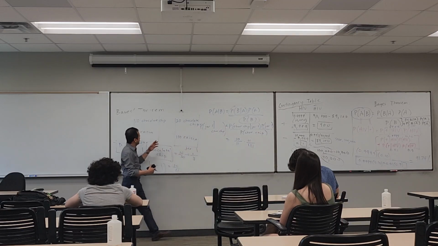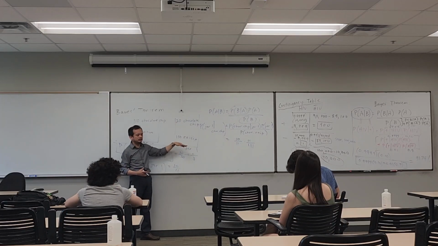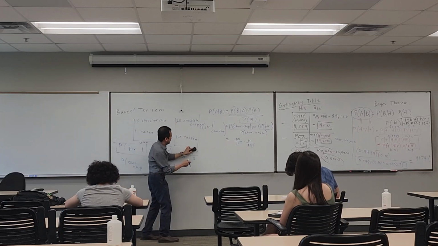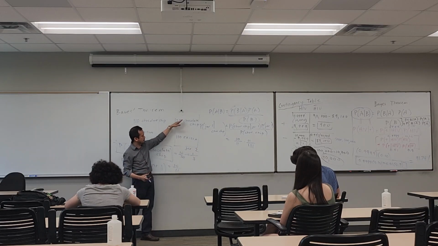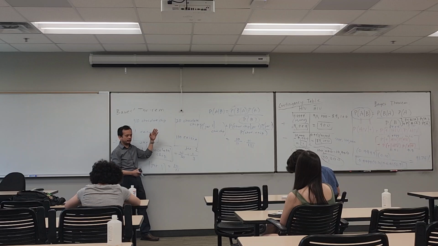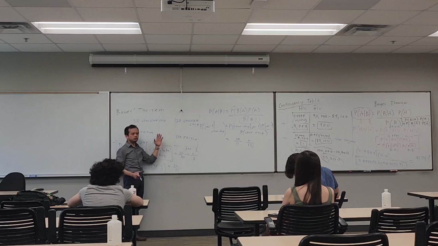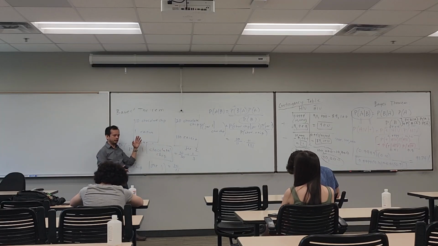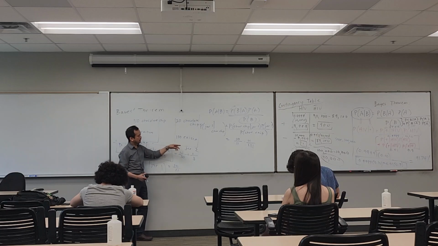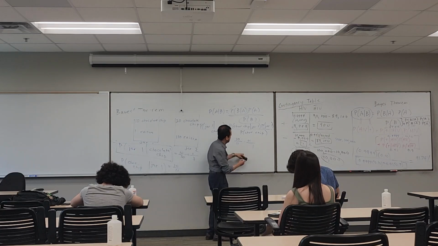And because these are not equally likely, there are a lot more cookies in jar 2, the likelihood that a cookie came from jar 2 is going to be much higher than the likelihood a cookie came from jar 1. So you can't just say the probability a cookie came from jar 1 is 1/2.